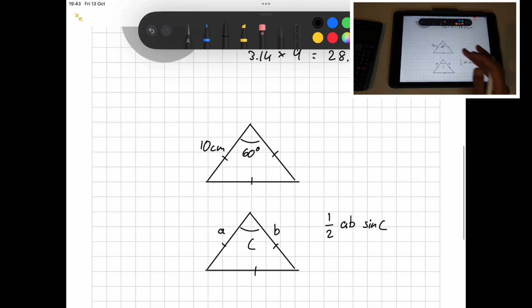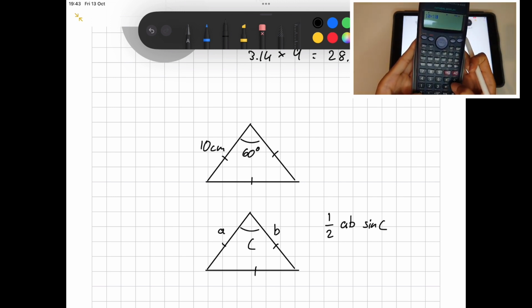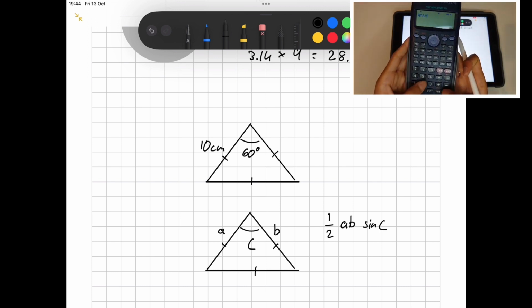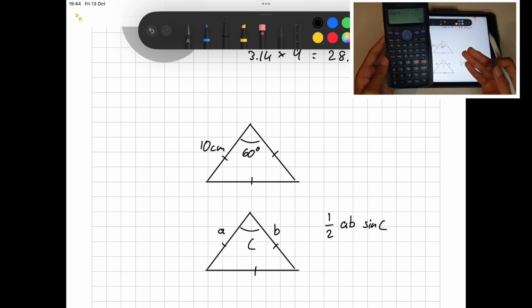So this is an equilateral triangle, and A and B are both 10 centimeters. So you want to multiply on your calculator 10 times 10, which will give us 100, and you want to do answer divided by 2, because we need to half it, and that gives us 50.